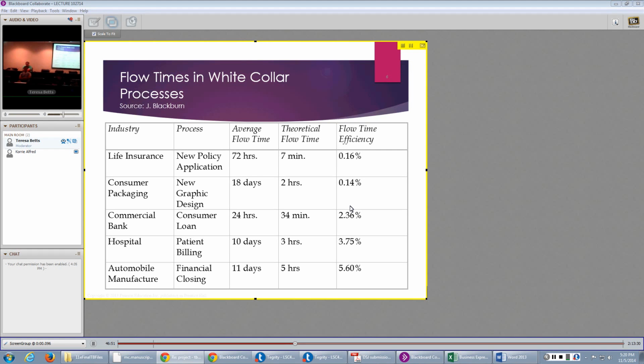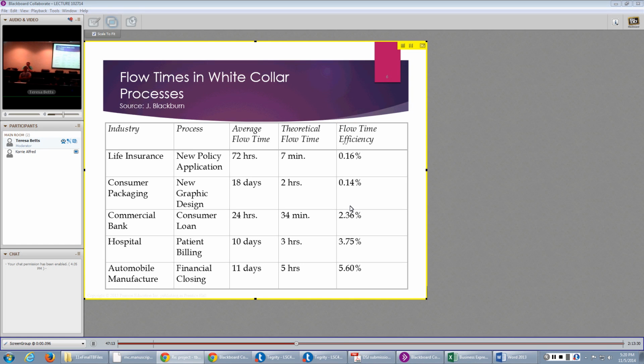And then we're identifying what's value added and what's not value added. And so your theoretical flow time is just going to be those value added activities, right? And you're going to take your flow time efficiency by just taking those value added activities divided by the average time that it takes to get through the process, the entire flow time of the process, right?